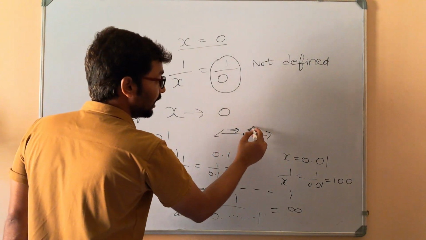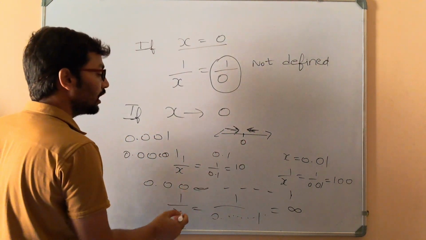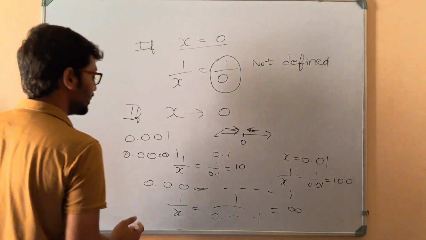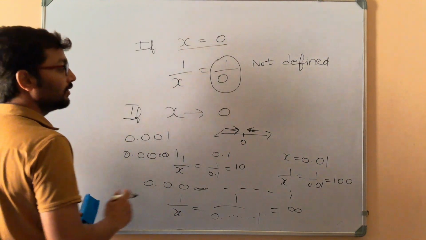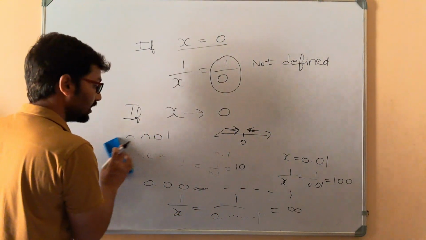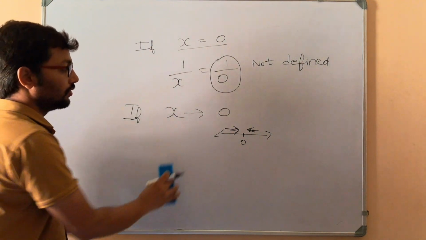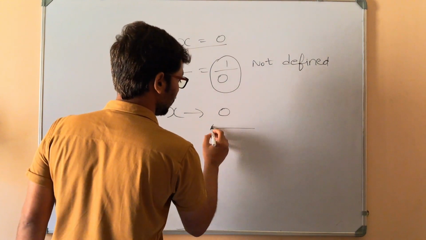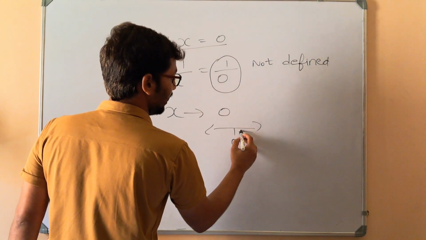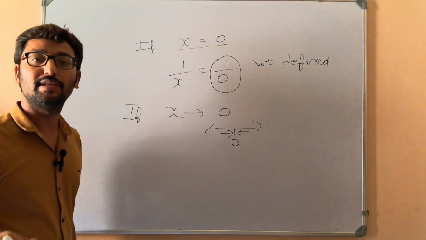If I come from the right side or from the left side, the sign changes. This is 0. If x tends to 0 from the right side, it is positive, 0 plus.